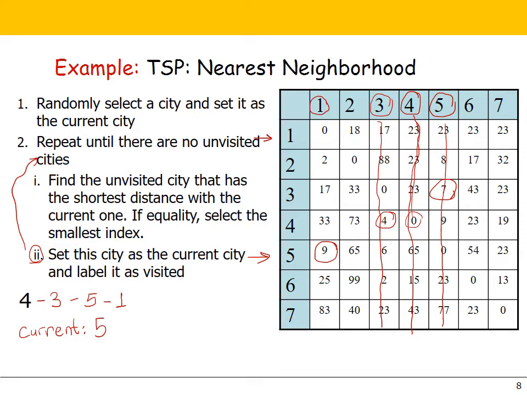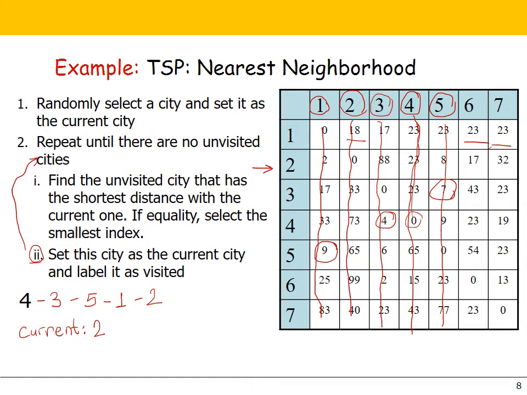We will find the shortest distance from 1 to other unvisited cities. If you look at this one and this one, we see that 2 has the minimum. So from 1 we are going to 2. So 2 becomes our current, and here I need to write 2 as the current.